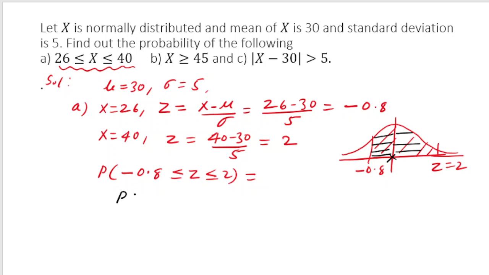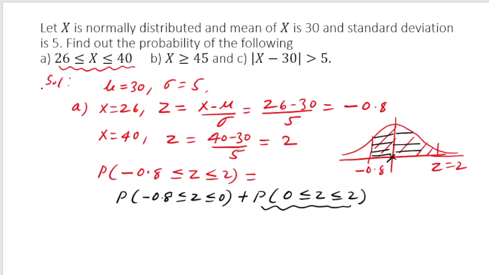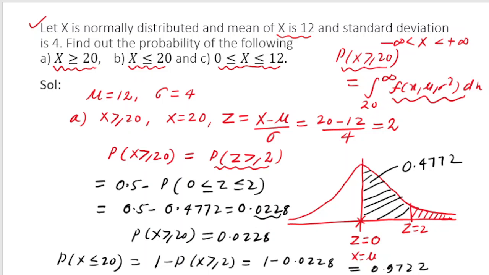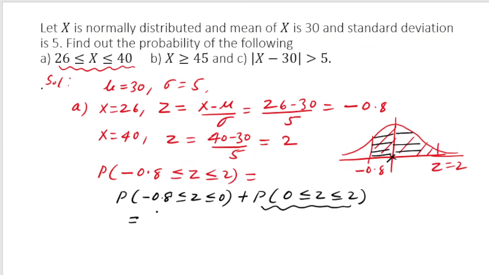So this is equal to probability of minus 0.8 less than or equal to z less than or equal to 0, plus probability of 0 less than or equal to z less than or equal to 2. Now we can look this area up from the table, using symmetry, because the area from minus 0.8 to 0 is equal to the area from 0 to 0.8, because the curve is symmetrical. So this is probability of 0 to 0.8, plus probability of 0 less than or equal to z less than or equal to 2.